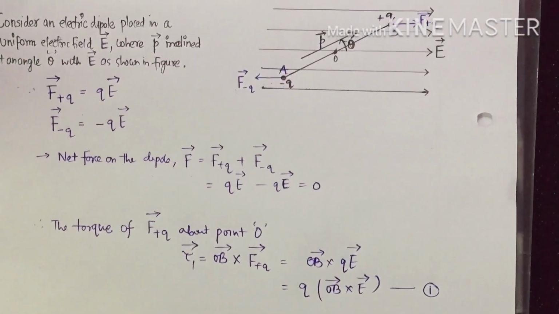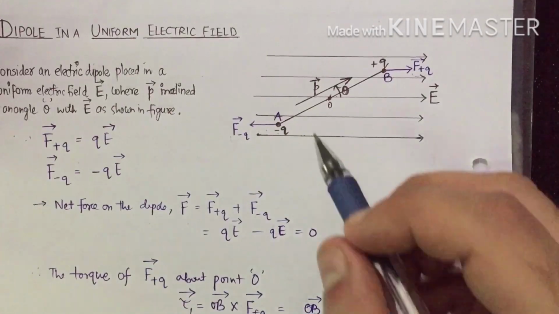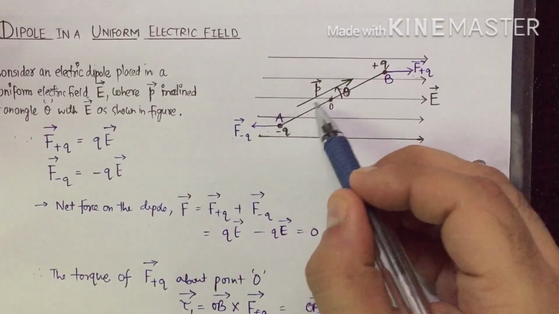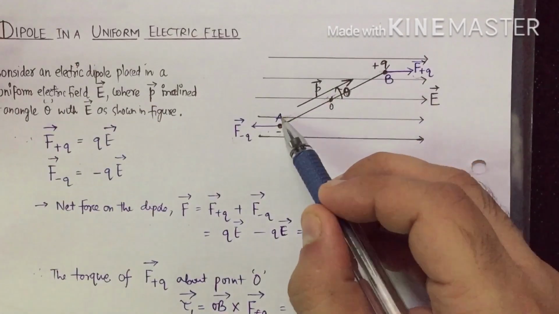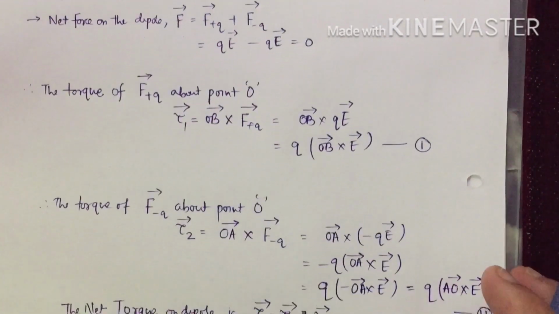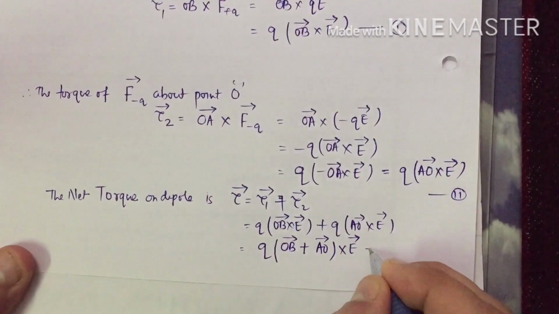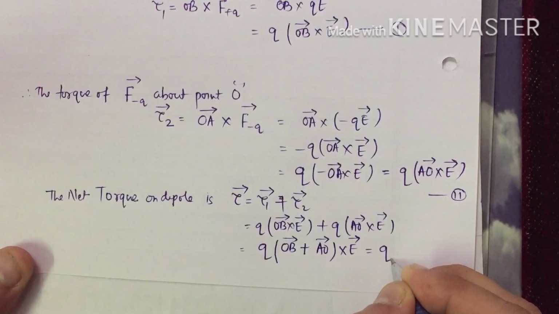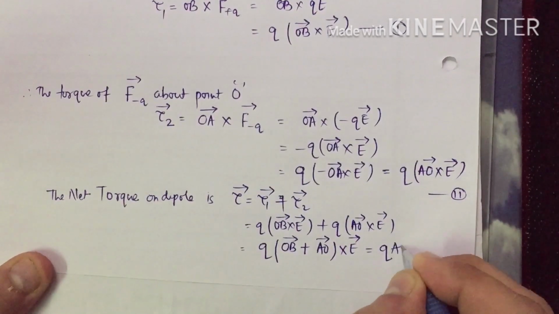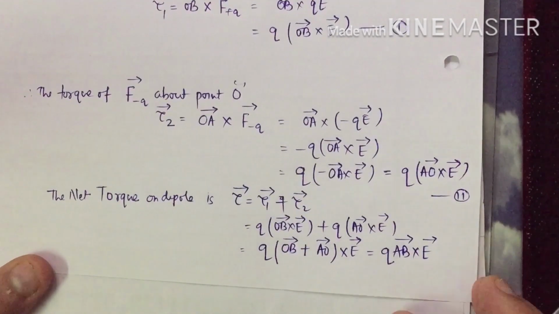See, this is AO and this is OB. This will give you the total AB vector. So we can write this as Q times AB vector cross electric field.